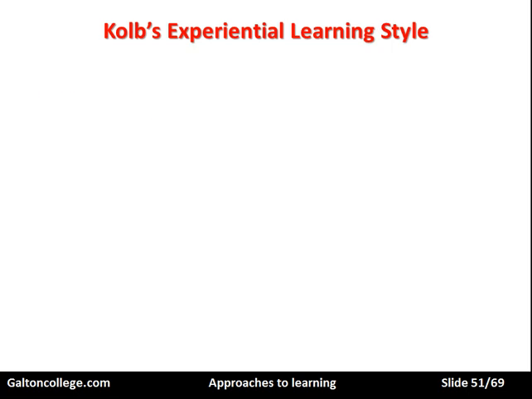Now, the concrete experiences. Well, the concrete experiences could be our emotions. When something happens, it has an emotional effect. When something goes right, it has an emotional effect. We feel happy. When it goes wrong, we feel sad. When we see something working, we may be curious as to why it's happening.